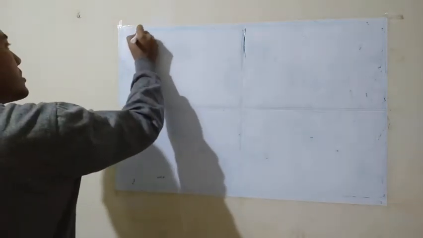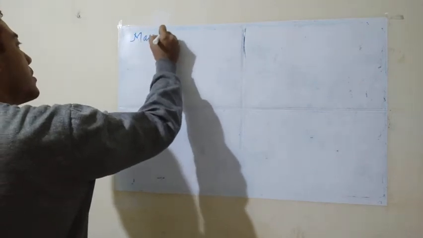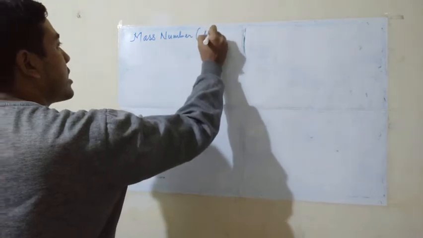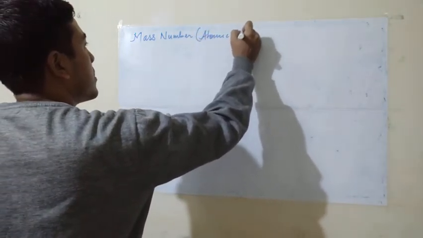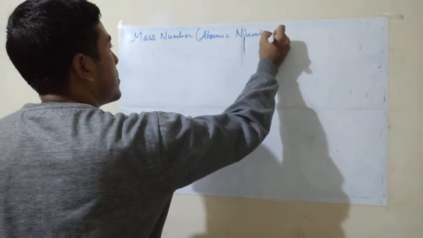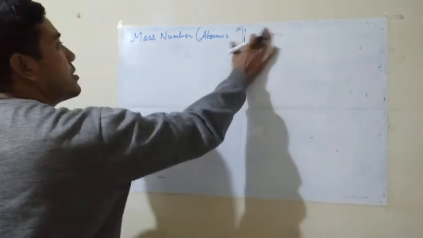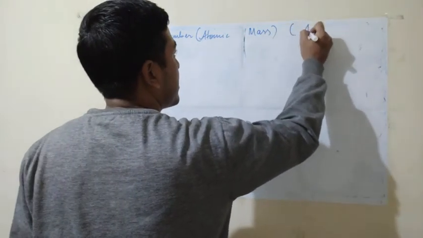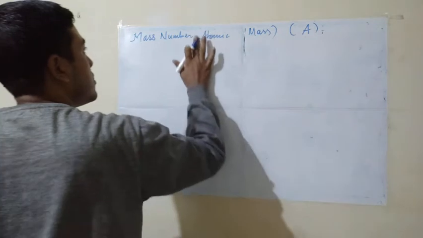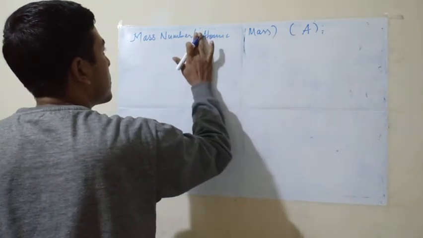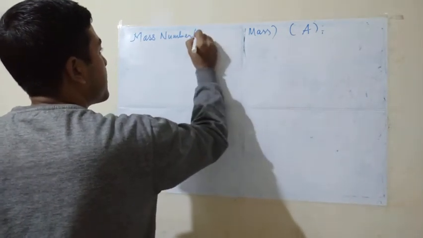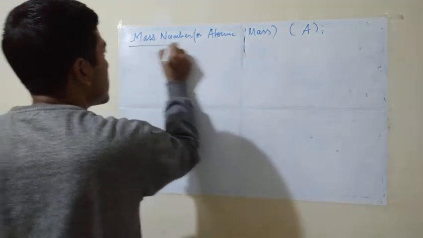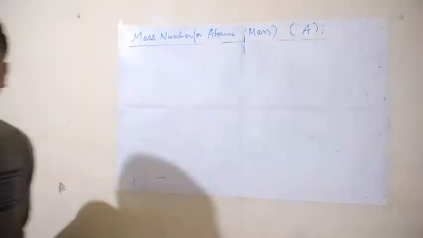Mass number, or we also write atomic mass, not atomic number, atomic mass, and it is always noted by the capital letter A. What is the mass number or atomic mass?